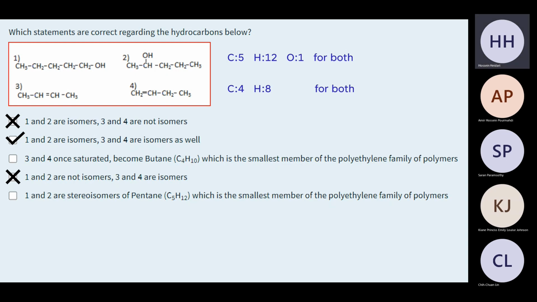Is pentane the smallest member of the polyethylene family? It's not, because members of this family have even numbers of carbon, 2, 4, 8. Actually, the smallest one has 4. What do you mean, family?